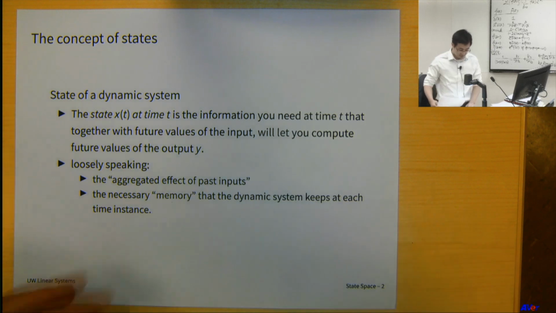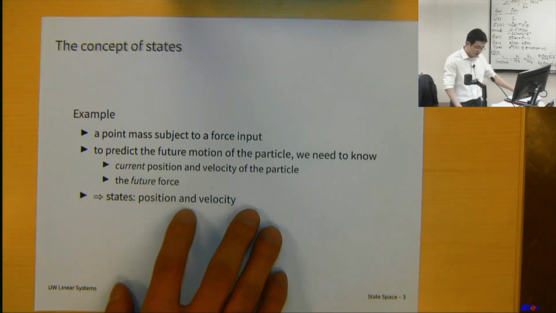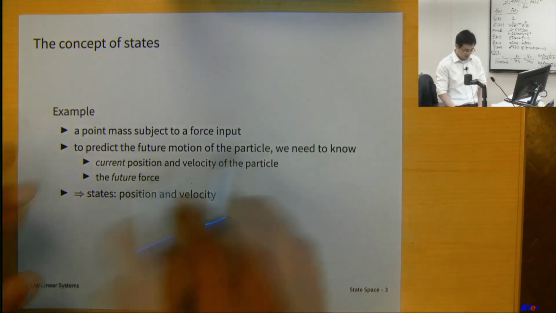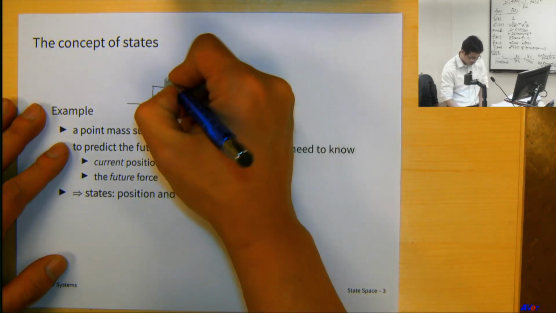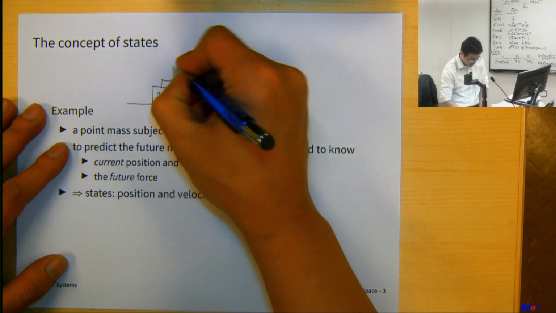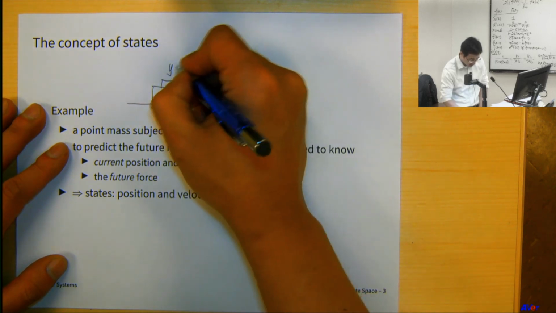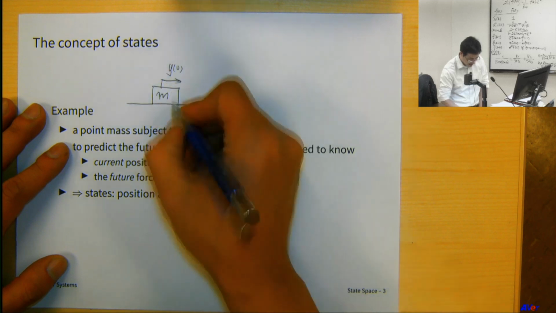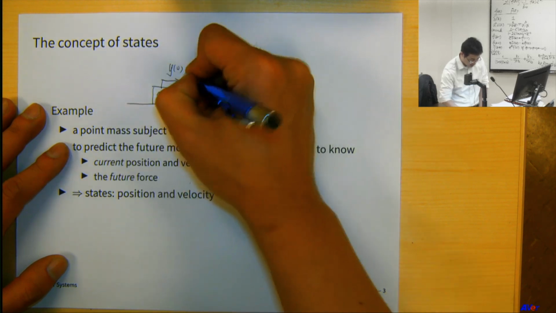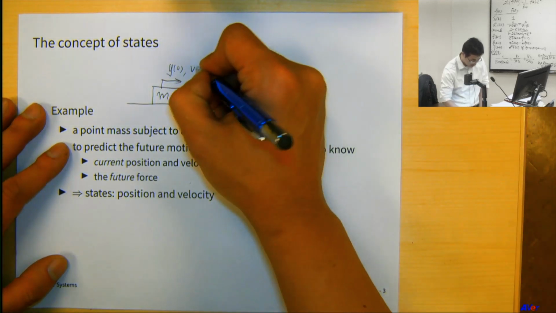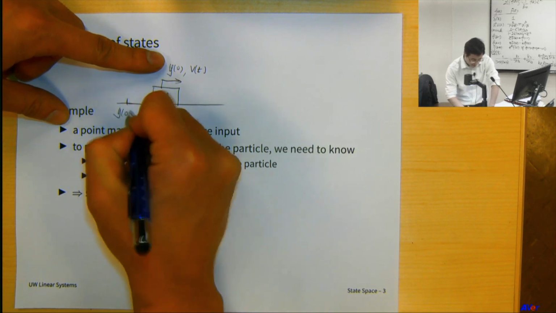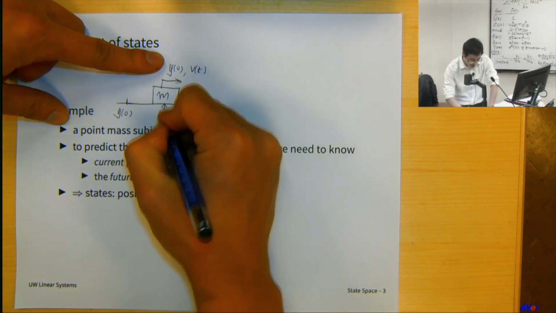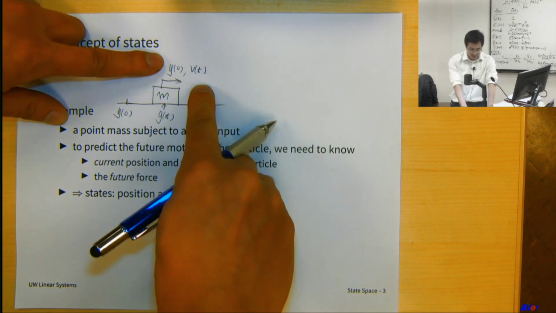As an example, if you have a mass moving at certain speed and it has some initial position, it starts initially at some, let's say, y0 here, and right now it's at yt, and then it has a velocity vt.